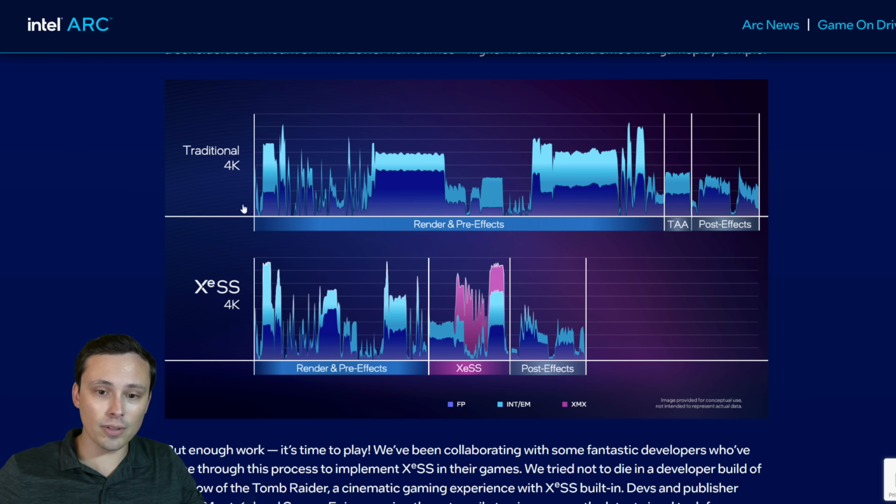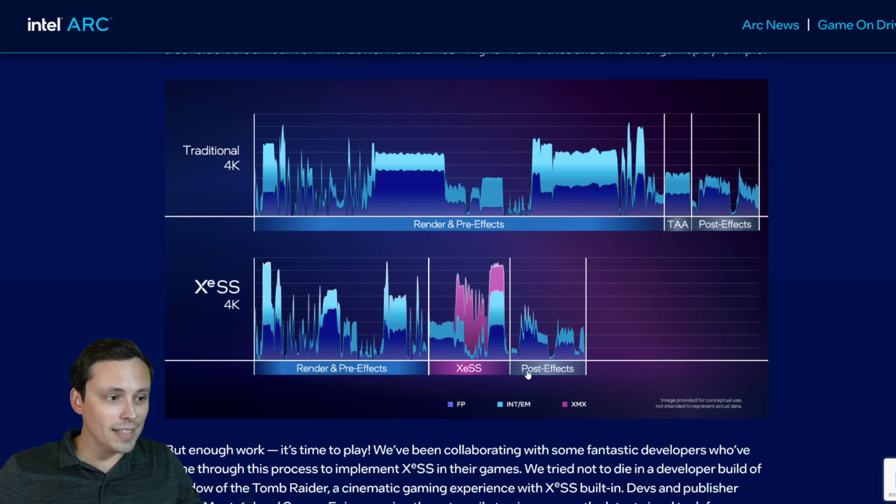And that gains you, this is like your frame time calculation. Cutting down that render resolution gains you a huge amount of time. And then you're replacing temporal anti-aliasing with XeSS. And it's this XeSS operation that basically just needs to take less time to compute than what you gained by cutting down the render resolution, right?